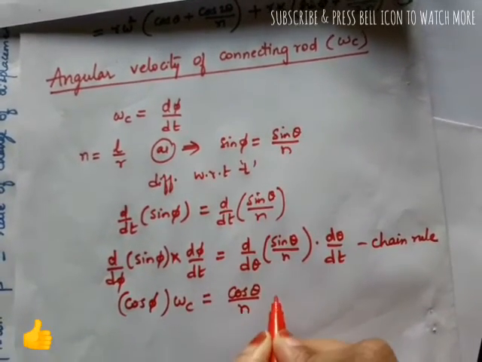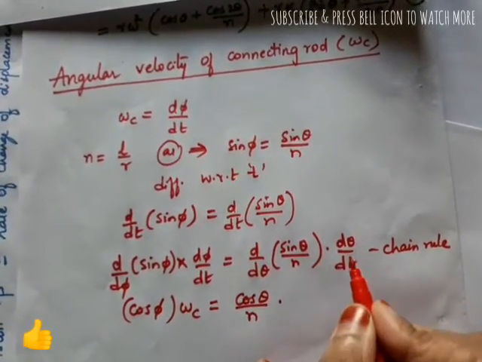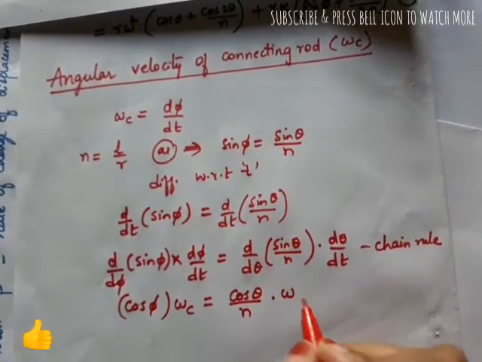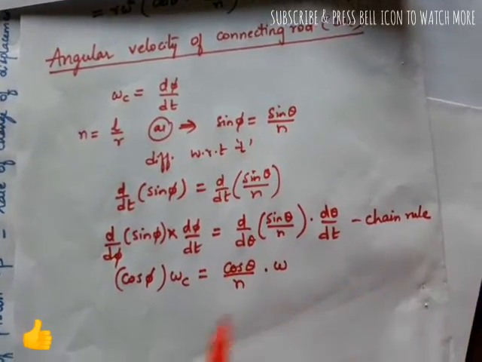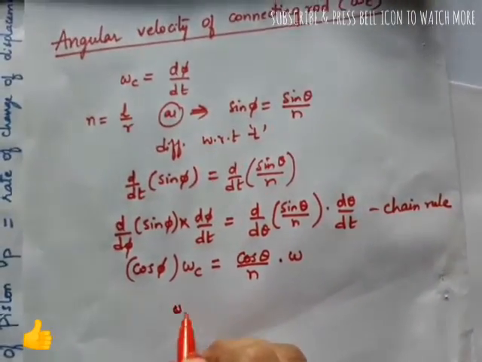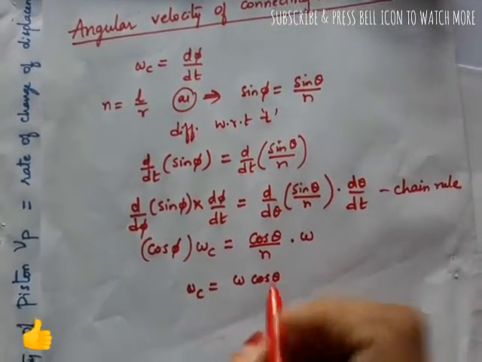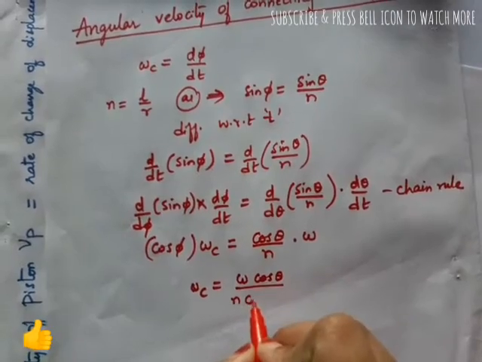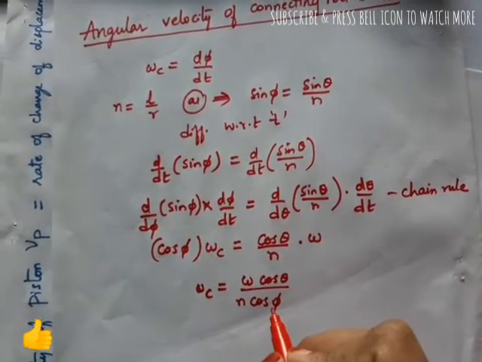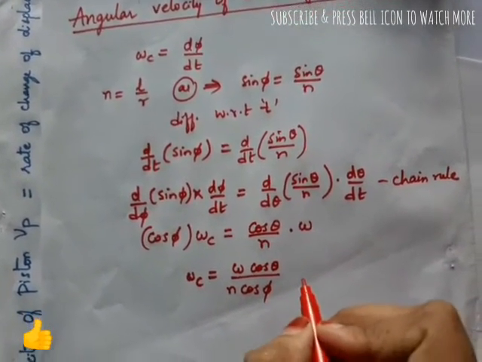This is cos theta by n into d theta by dt, which is omega, the angular velocity of the crank. So from here I have omega c is equal to omega cos theta by n cos phi. So this is one expression.